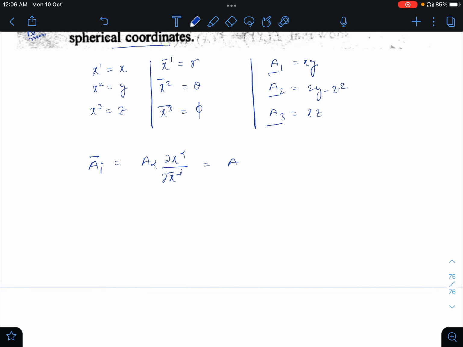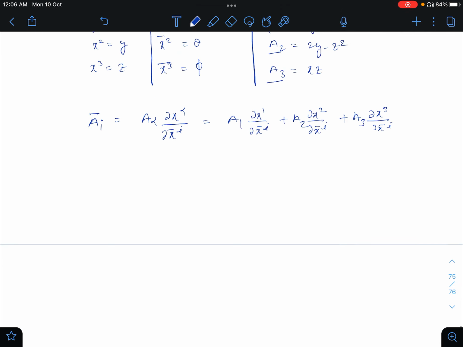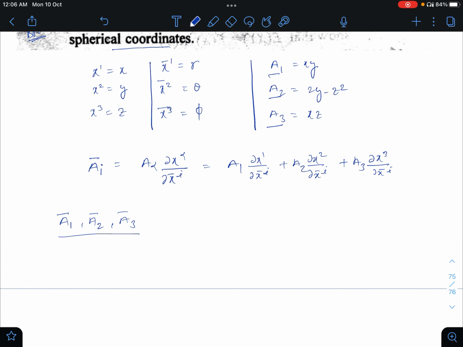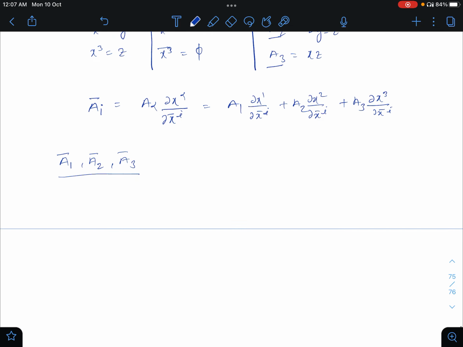So this is equal to a1 delta x1 upon delta x bar i plus a2 delta x2 upon delta x bar i plus a3 delta x3 upon delta x bar i. That means the question asks us to find a1 bar, a2 bar and a3 bar. These three are the transforms of a1, a2 and a3 into the spherical coordinate system.